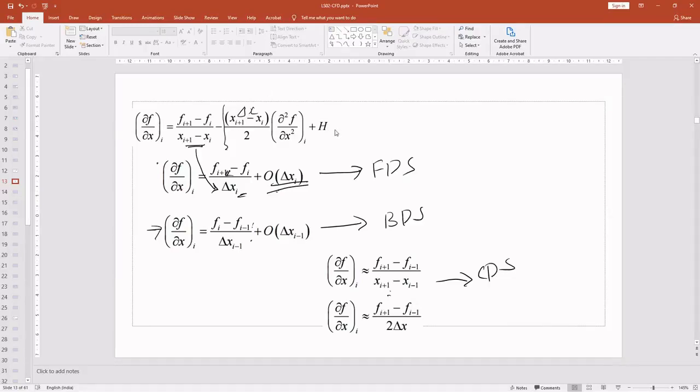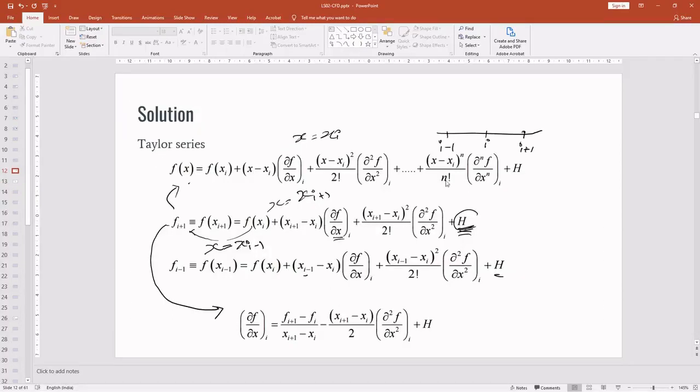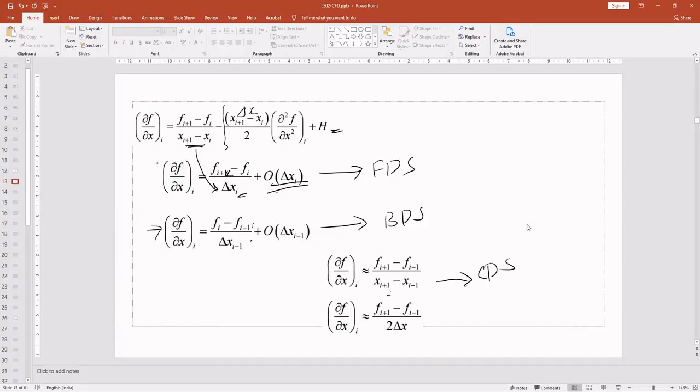If I take these two equations, add them up and resolve, it will become something like that. Here, if you see in the denominator, it is delta x, I plus 1 minus x I minus 1.